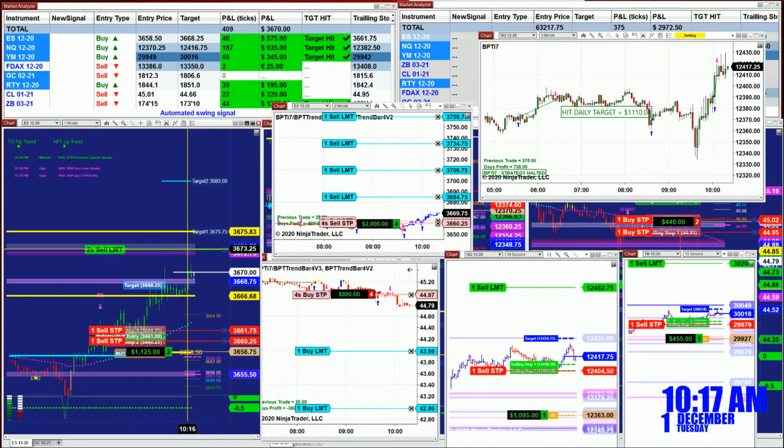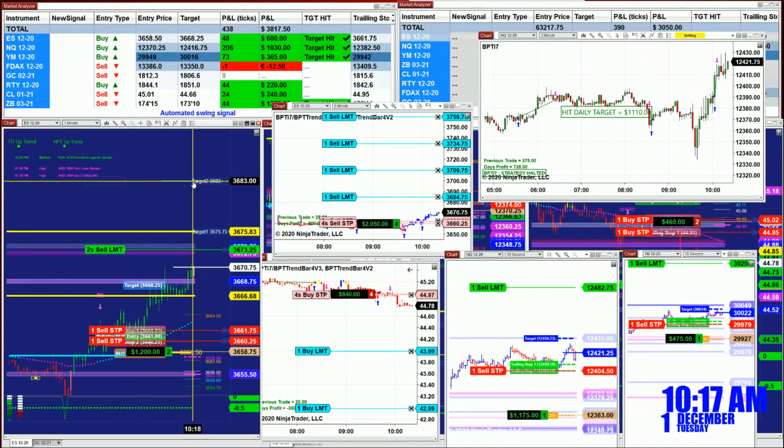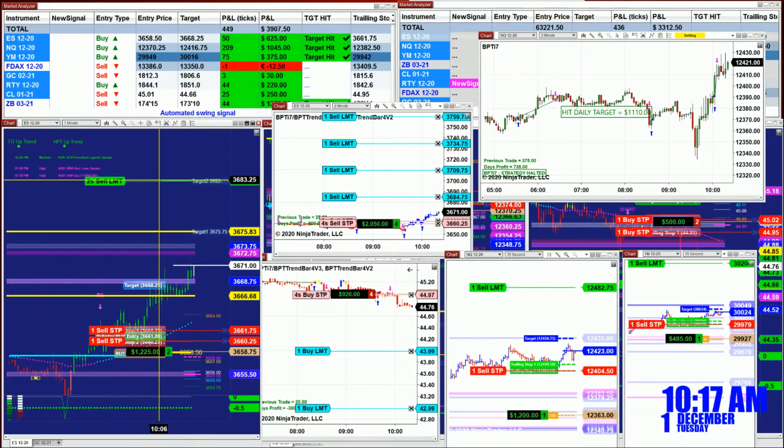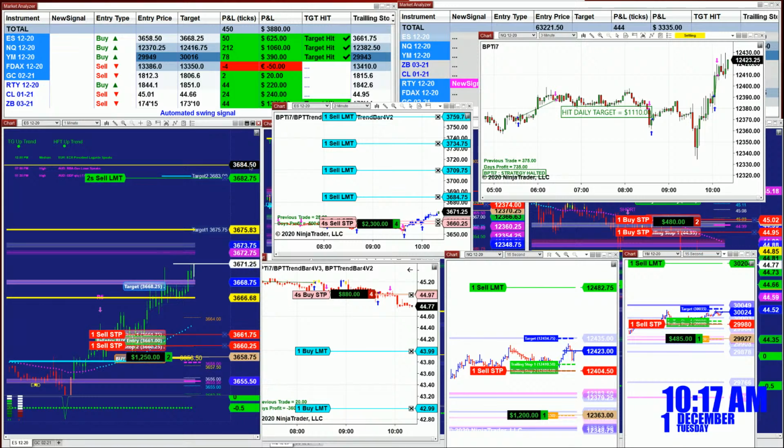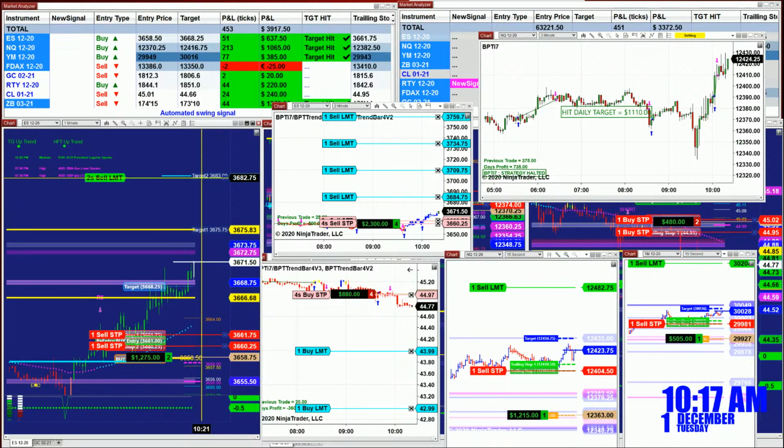I'm expecting this market to be done by 36.73.25, and max, if the market is really trending, we are not going to go any higher than 36.82.75, because target 2 is an institutional number, profit taken between 11 and 12 o'clock.